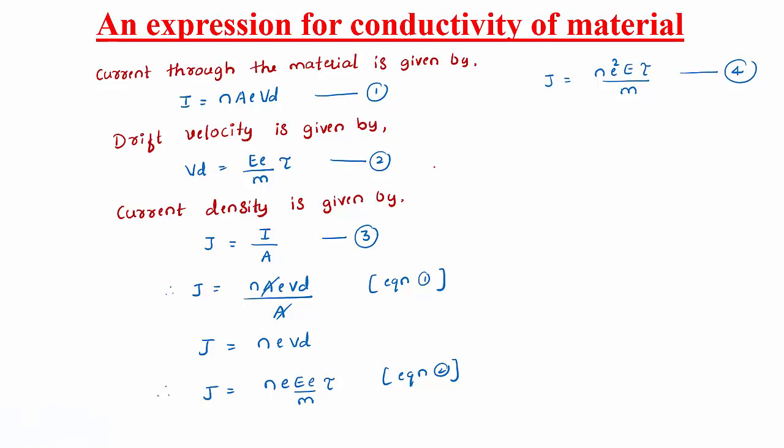Now we already studied Ohm's law. Ohm's law is given by the equation V equal to IR. Or we can use another equation in terms of current density and conductivity. That is the microscopic form of Ohm's law that you studied in the current electricity 5th video, 5th part.